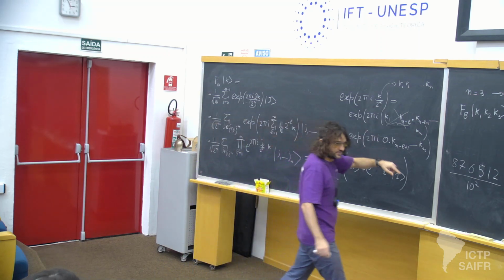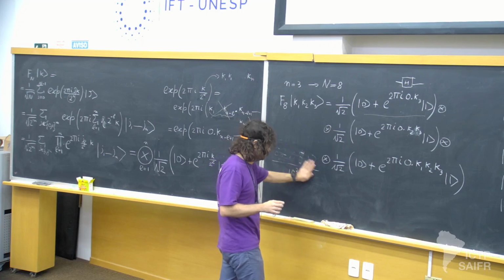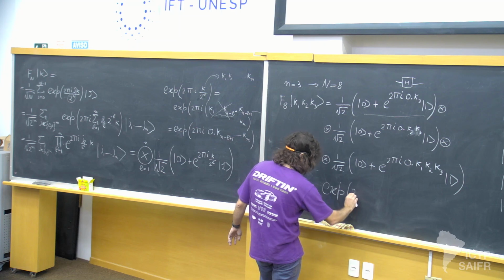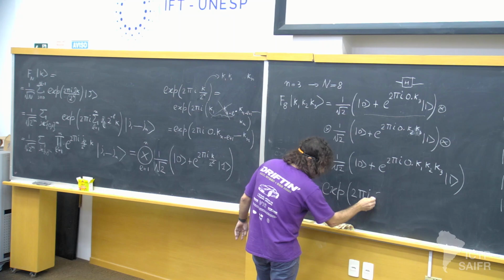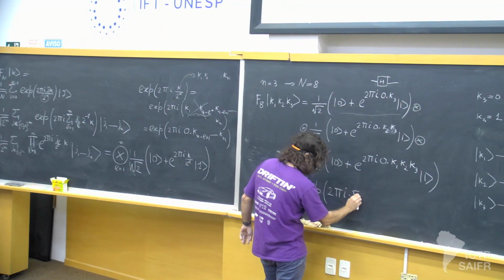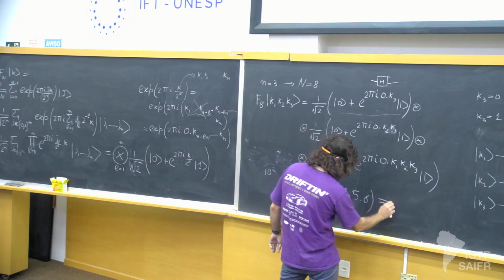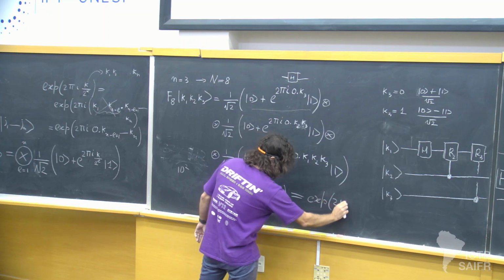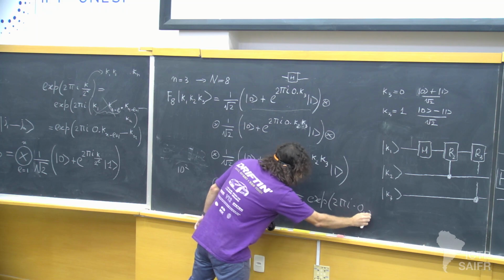Good. Now we go back to his question. Suppose, again, let's work in base 10 because we are used to it. Suppose that you are asked to compute exp of 2 pi i times 5.6. This is not a dot in the sense of scalar product, it's just a times. Do we agree that this is exactly the same as exp of 2 pi i times 0.6?